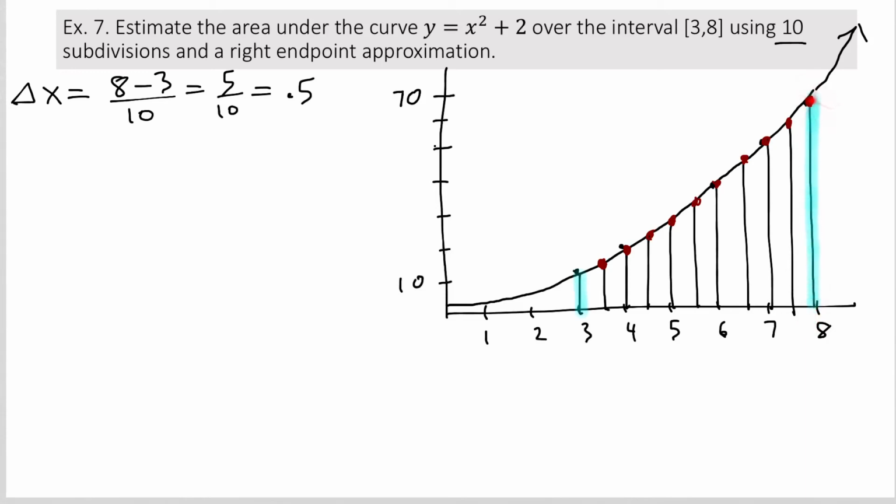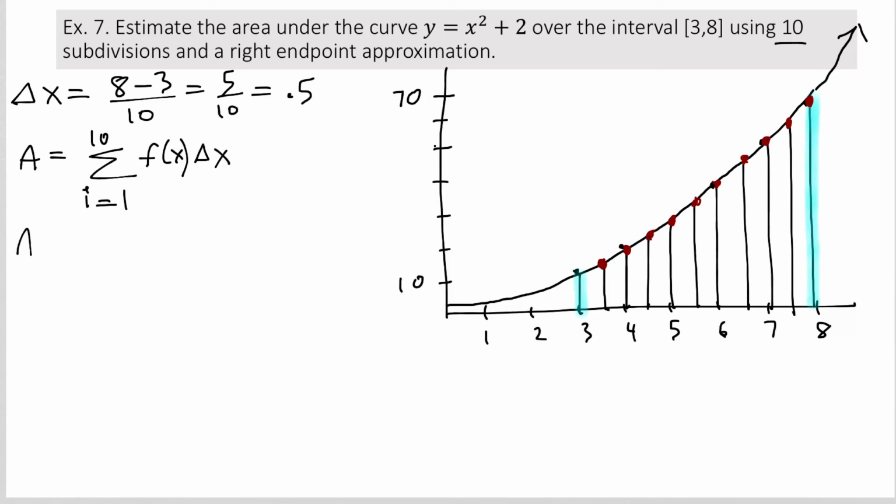All right. So now what I can say is that my area under the curve is my sum of my rectangles. I have 10 rectangles, so I goes from 1 to 10 of f of x times delta x.